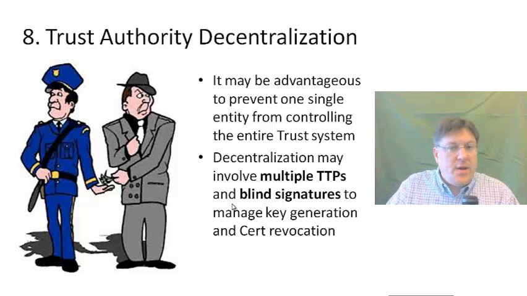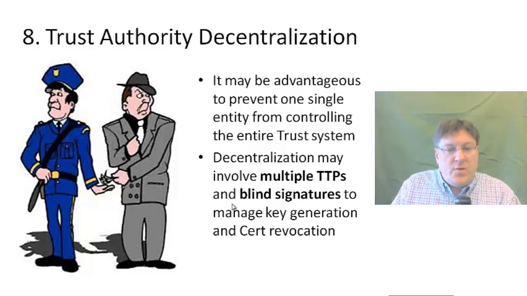Number 8, trust authority decentralization. Sometimes you don't want one entity to control the entire trust system, because then that entity has absolute power over it, and it's possible that a bad actor could do a number of things to mess up the vehicle network.